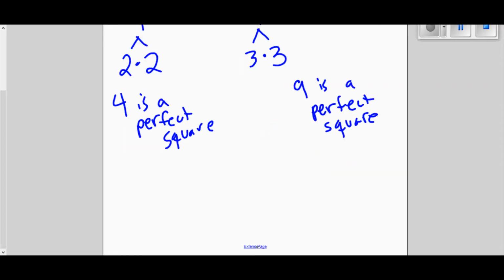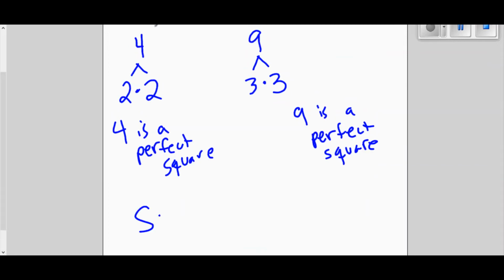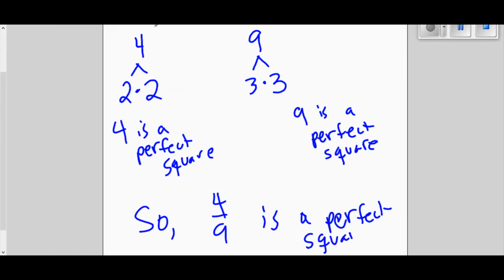So that means since both of those are perfect squares, 4 9ths is a perfect square because the numerator and the denominator are perfect squares.